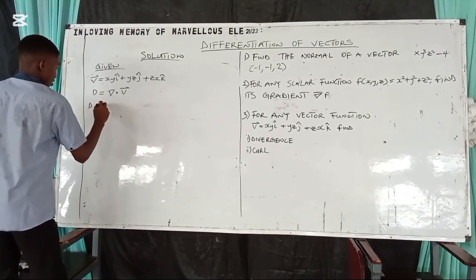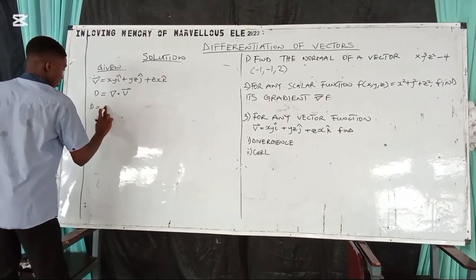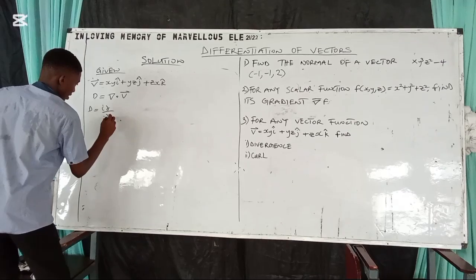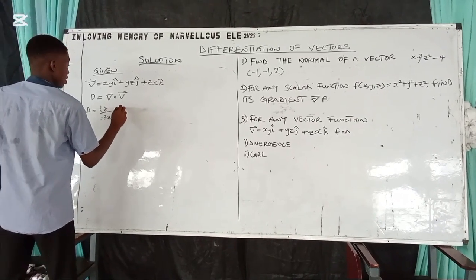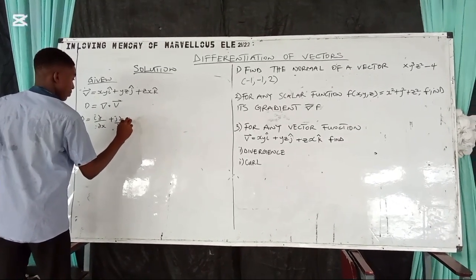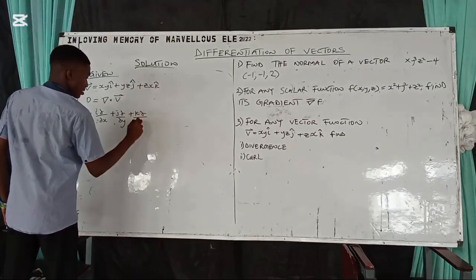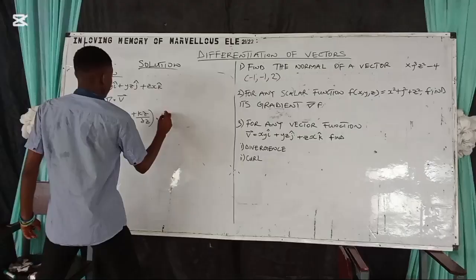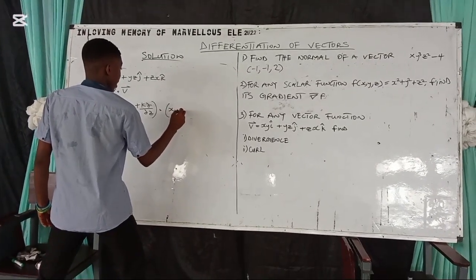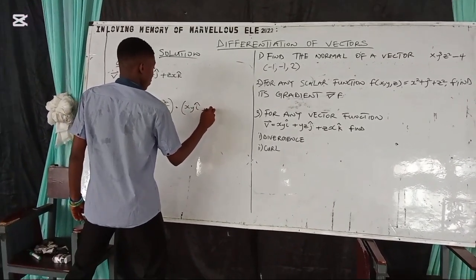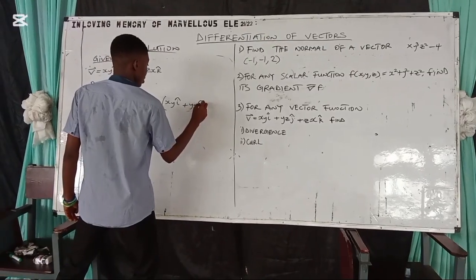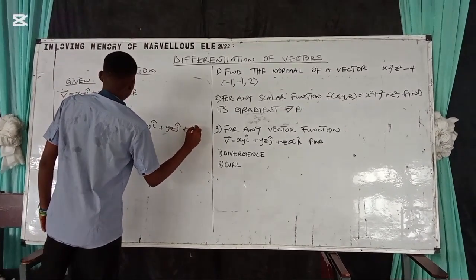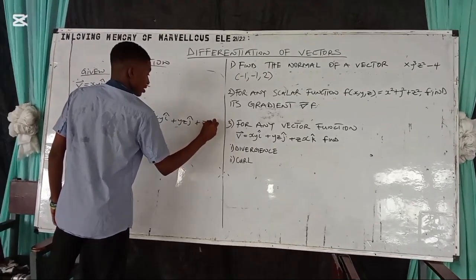The vector operator is i partial with respect to x plus j partial with respect to y plus k partial with respect to z, dot the vector function, which is xy i plus yz j plus zx k.